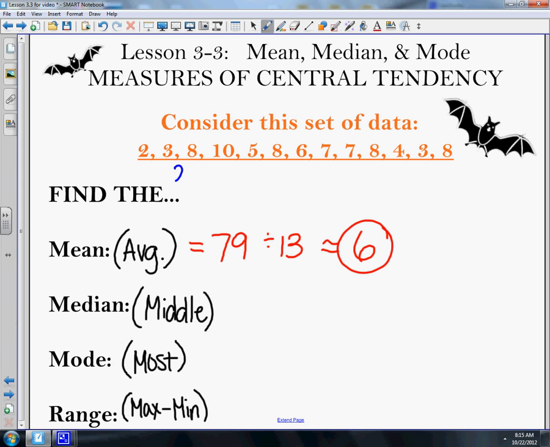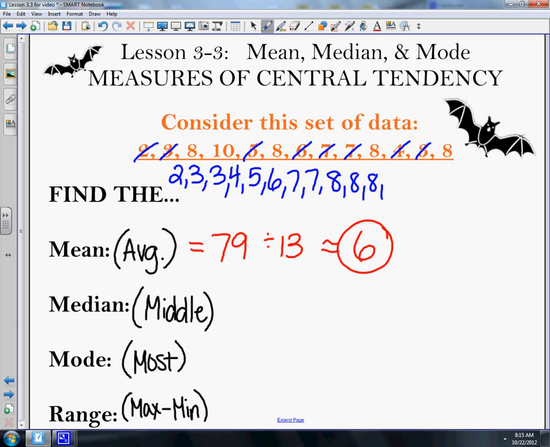So I have a 2, a 3, another 3, a 4 and a 5, a 6, 2 7s, 1, 2, 3, 4 8s, and 1 10. So my median is going to be the middle of this set of data, which is right here, which is 7. So the median is 7.